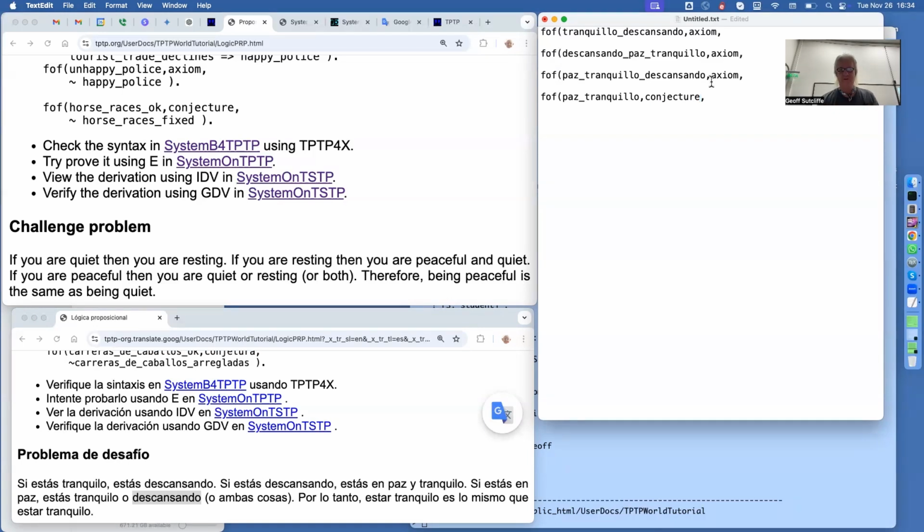The operators you need. So for and is ampersand. Or is implies. Is that equivalent?